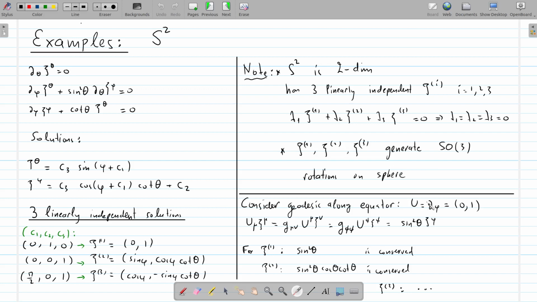So the tangent vector on the equator is just u with components 0, 1 in the theta phi coordinate system. And then we know that the conserved quantity is the inner product of u with xi. And if you compute this, this is nothing but sin squared theta xi phi. And we have the xi phis of the 3 vector fields here. And we see that these are quantities that are kept constant as we move along the equator.